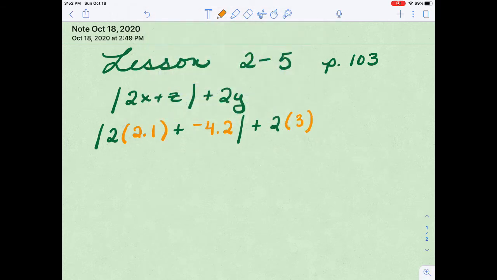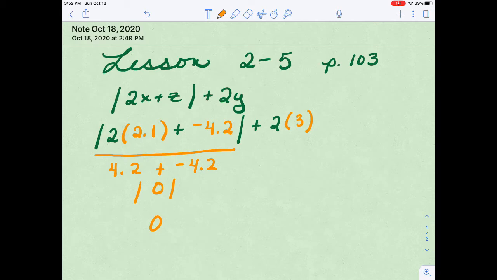All right, so we just need to evaluate this. So we have to use a little order of operations and treat the absolute value sign as if it's parentheses. So 2 times 2.1 is 4.2 plus negative 4.2. Oh, look at that. This is going to be 0, and the absolute value of 0 is just 0.